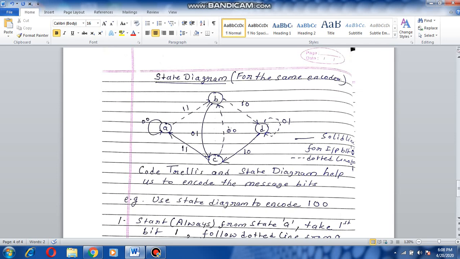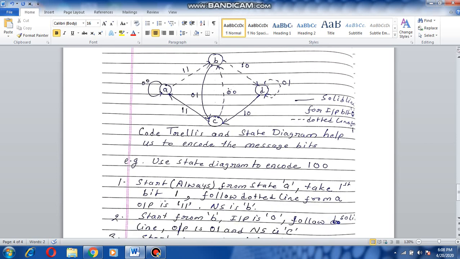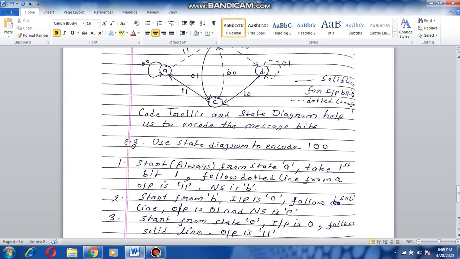You can see that we have 4 states A, B, C, D. When a 0 comes, the coder moves from state A to A and the output is 0 0, that is written over the solid line. And when the incoming bit is 1, the encoder moves from A to B and the output is 1 1, and so on. The rest of the notations are the same as we have taken in the code trellis.